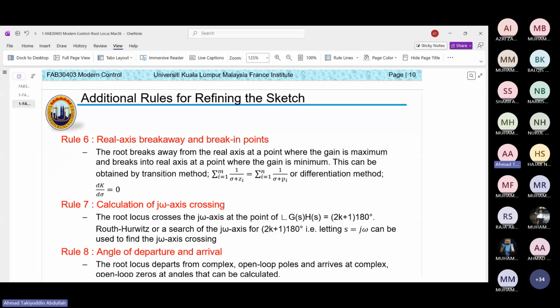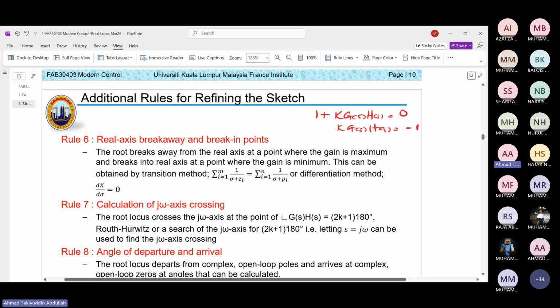But anyhow, in the actual consideration here, we have 1 plus kG(s)H(s) equal to 0. This is the characteristic equation that we have for the closed loop transfer function, and kG(s)H(s) is equal to -1.